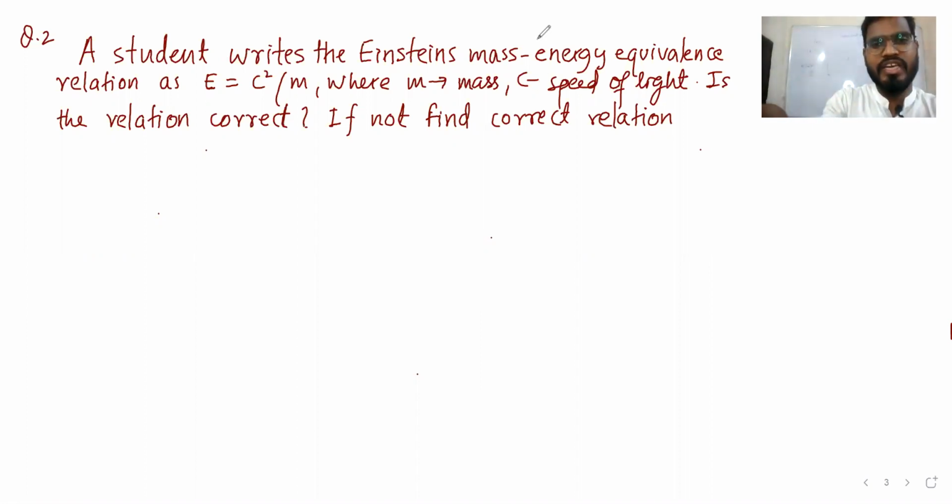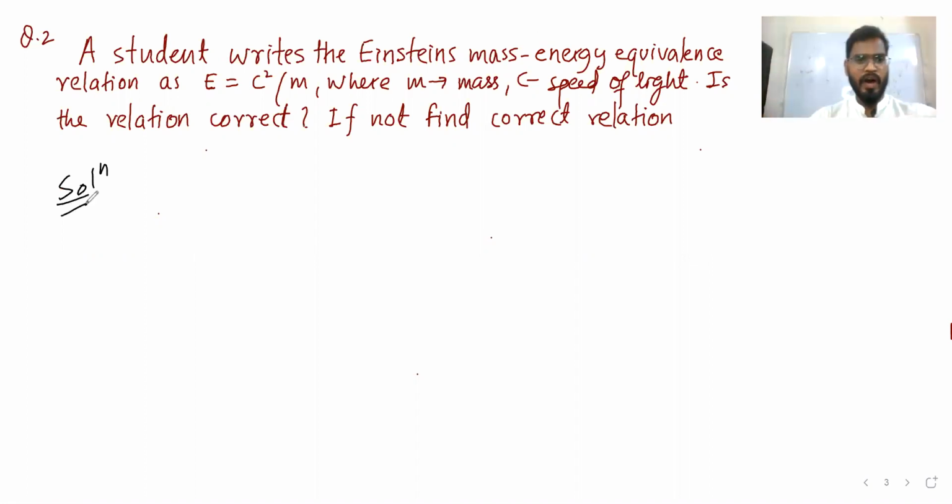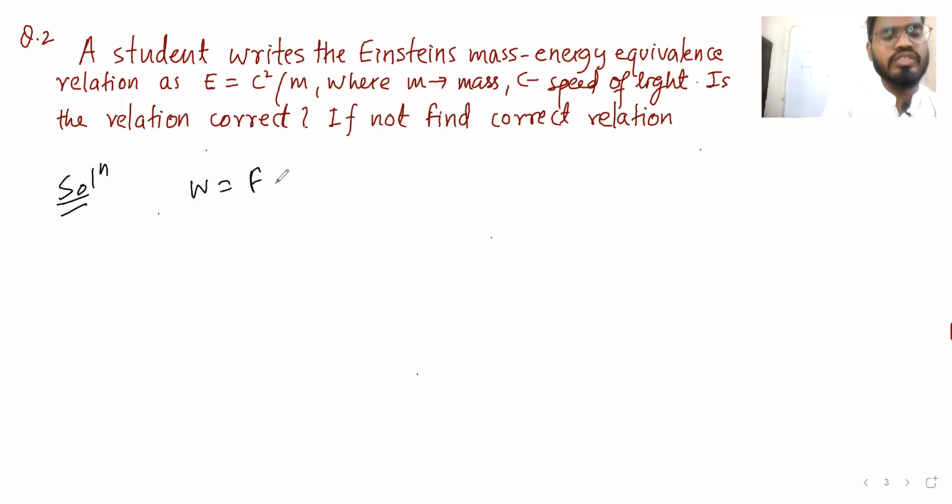So again, what we'll do, how we'll do here? E by c square. Energy means any energy, right? Kinetic energy, potential energy, work, anything. Let's find work or energy, same. So work is equal to force into displacement, S cos theta. Cos theta we will not consider anyway. Force into displacement.